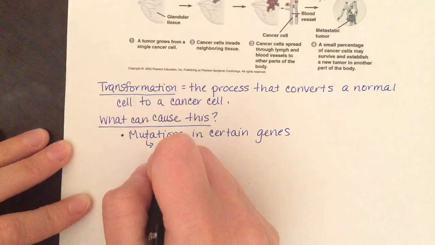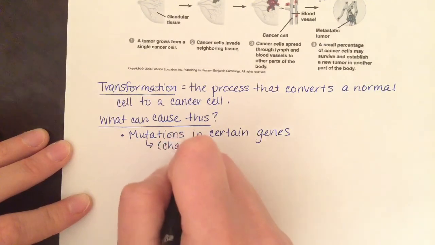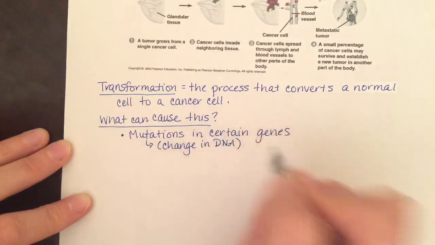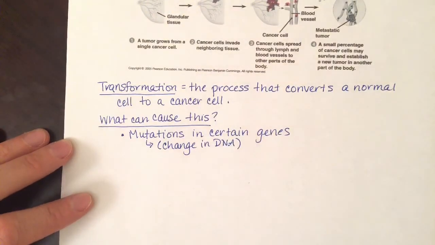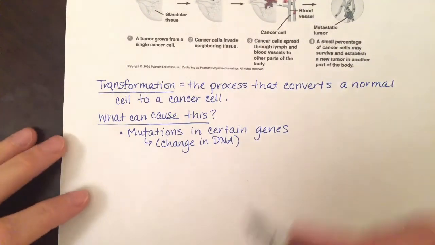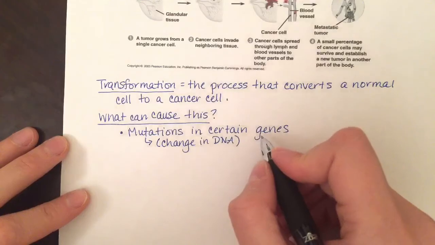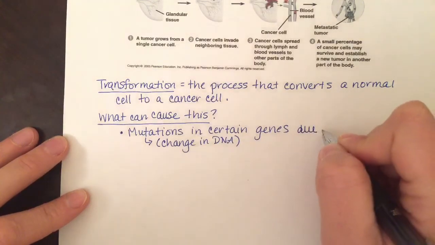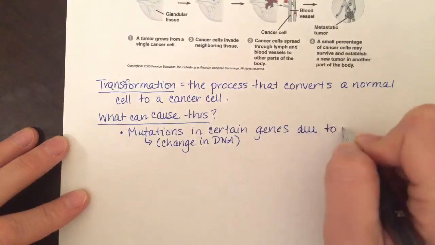Let's write what a mutation is. This is a change in your DNA. So the order of the bases, the A's, T's, C's, and G's in your DNA, are the basis for that. So what causes a mutation?